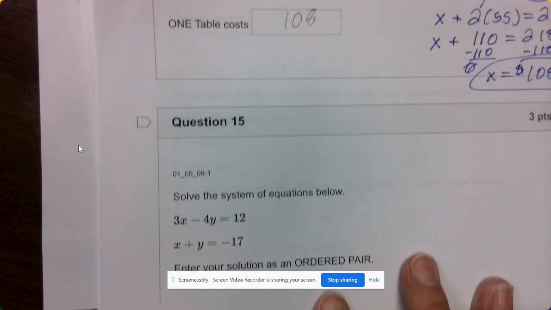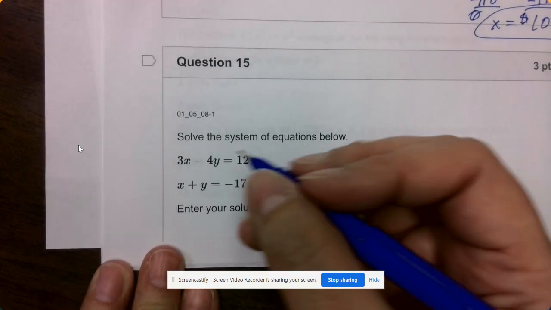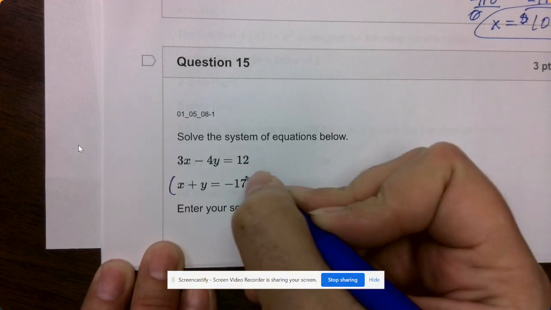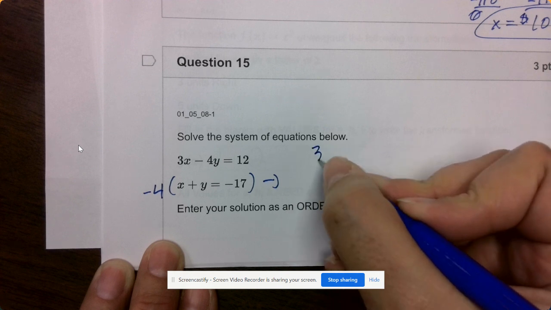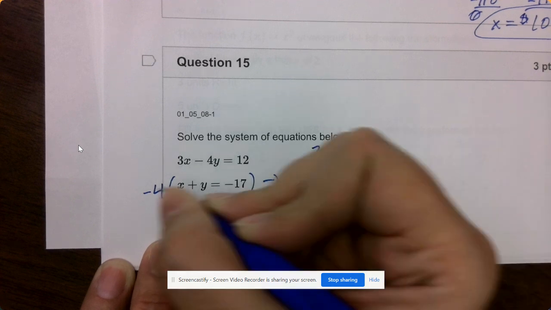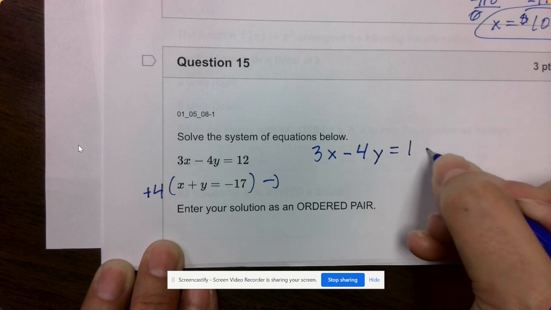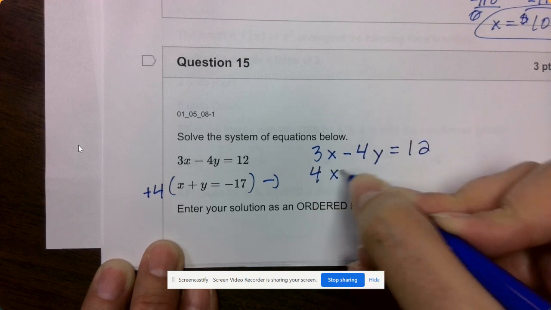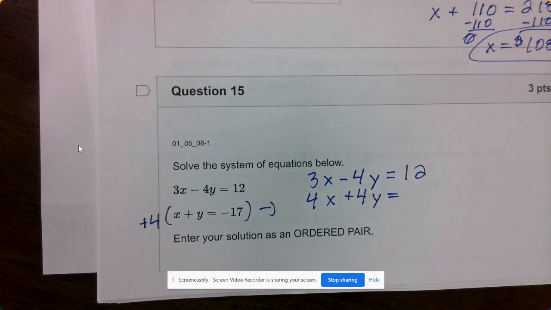Okay, so for this one, it says solve the system below. We can go ahead and on this bottom one, I'm going to multiply it by 4. I'm going to get 4x plus 4y is equal to 4 times 17.